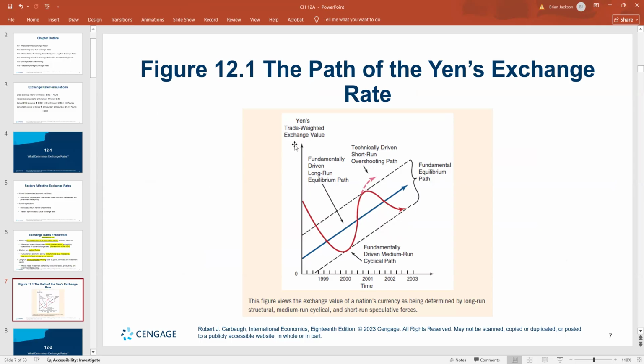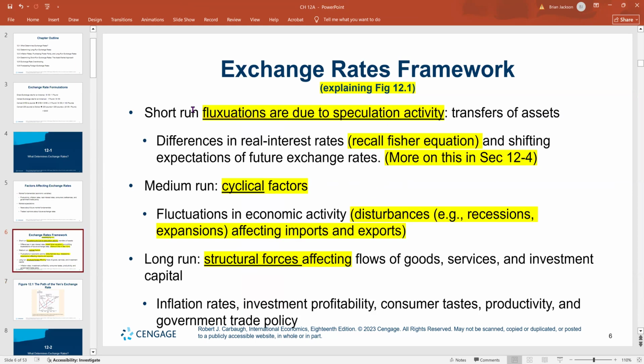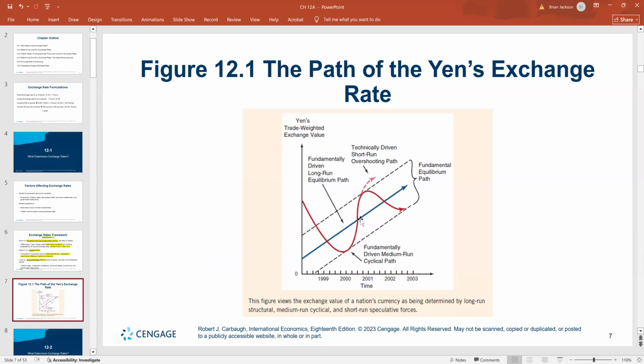And so what you have after these three different types of forces, the short run, medium run, and long run, is a sometimes erratic looking time series that applies to an exchange rate.